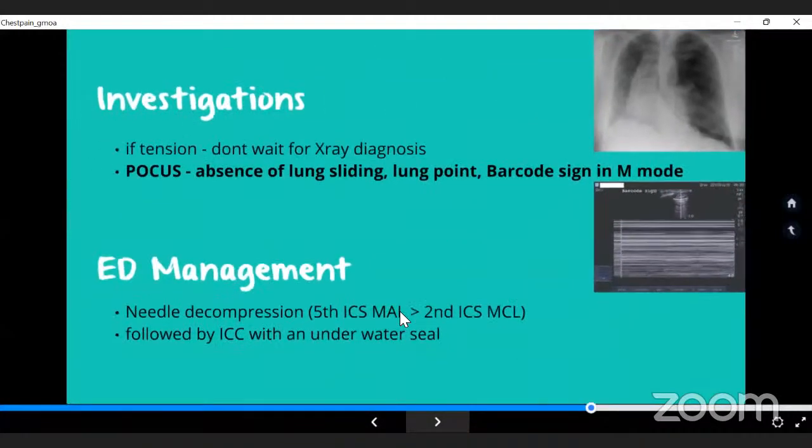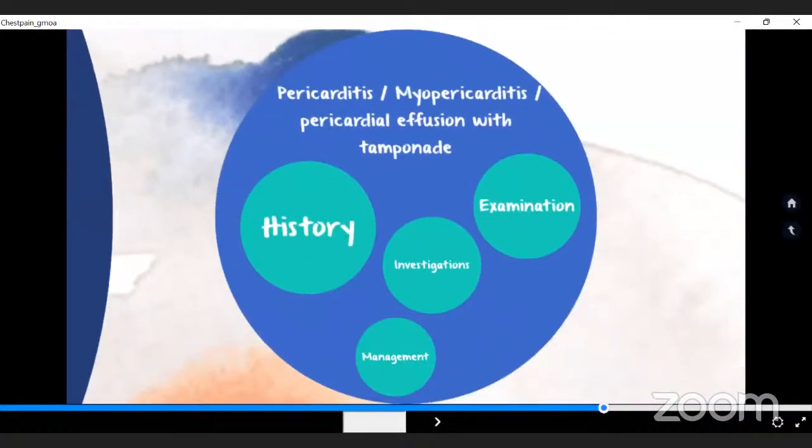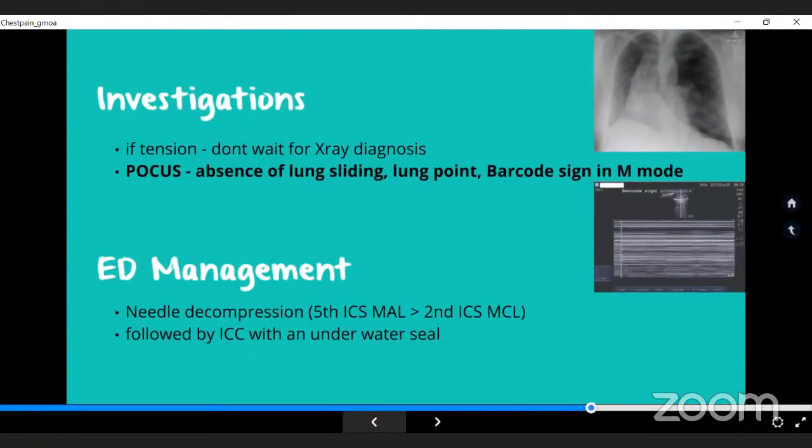If it is not tension, if the patient does not have evidence of tension and is stable, yes, you can go for an X-ray. Forget about FOCUS. And then ED management is urgent needle decompression, as Bandara said, at the safe triangle, followed by intercostal catheter.